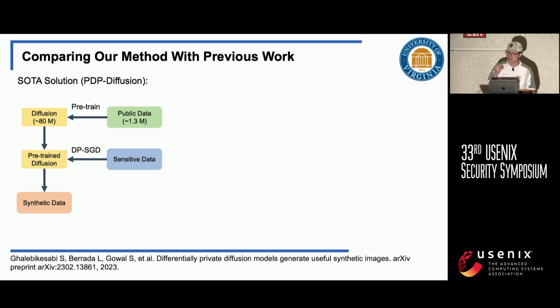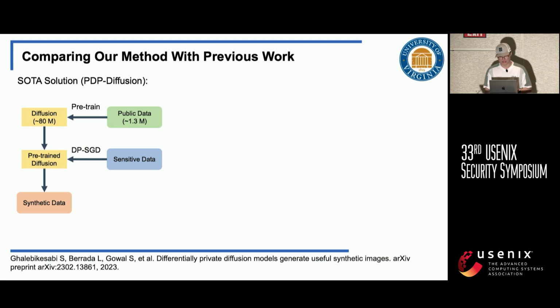Now, I want to introduce one SOTA solution here, which is Pre-training DP diffusion, and we call it PDP diffusion. We can see this picture. We can pre-train the diffusion model on the public dataset, and then fine-tune it on the sensitive dataset using DP-SGD. And then the fine-tuned model can be used to generate a synthetic dataset.